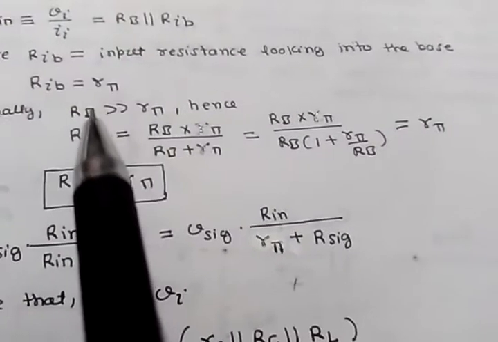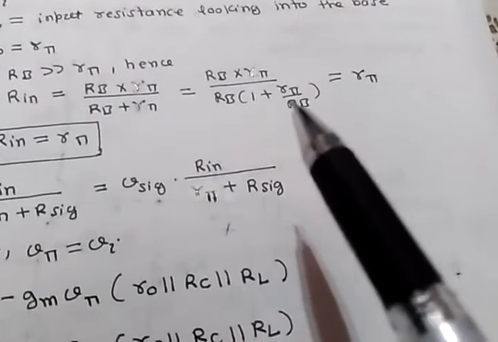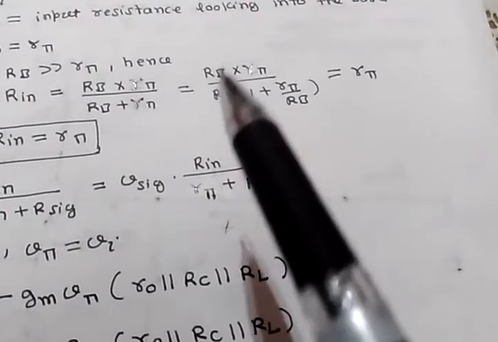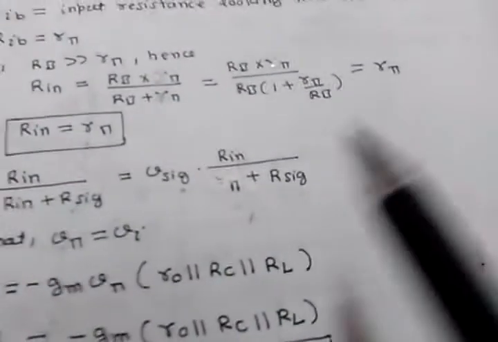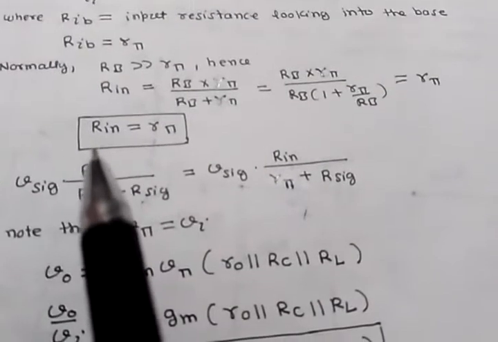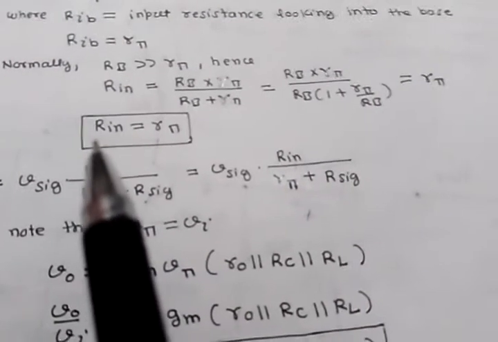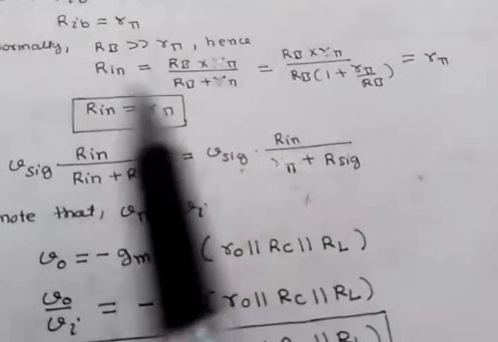Apply this condition, Rb greater than Rπ, so this term can be approximated to 0 and Rb will be cancelled, so Rin will be Rπ. In this way we have found the expression for the input resistance in common emitter case, which is equal to Rπ.